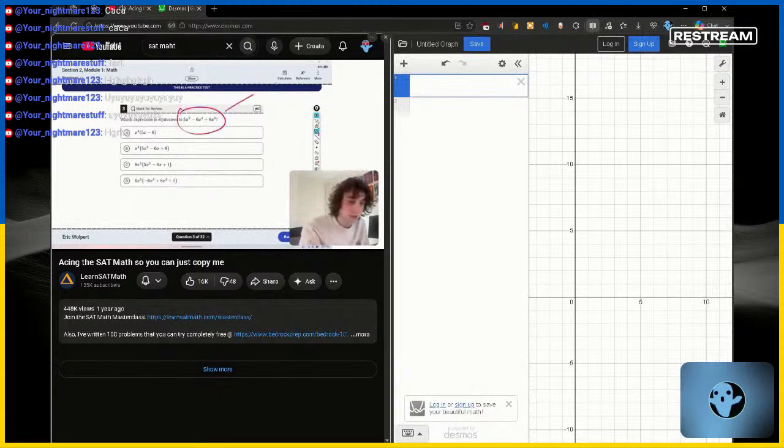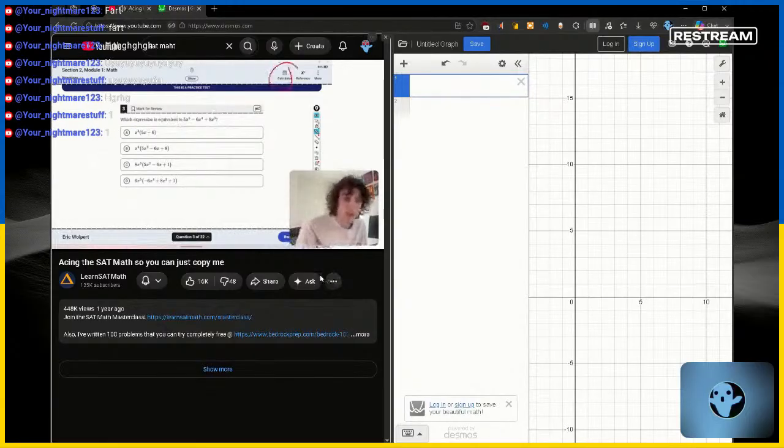So one approach that a lot of people take is they put the starting point into Desmos, and then they put all the answer choices into Desmos and see which answer choice has the same graph as the starting point. The problem with this is it can be a little time consuming, and you also want to be more comfortable with algebra. If you can't solve this problem by hand, that doesn't bode well.